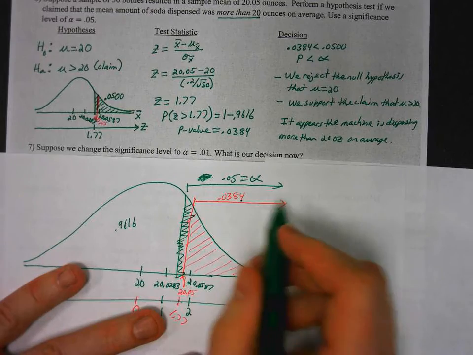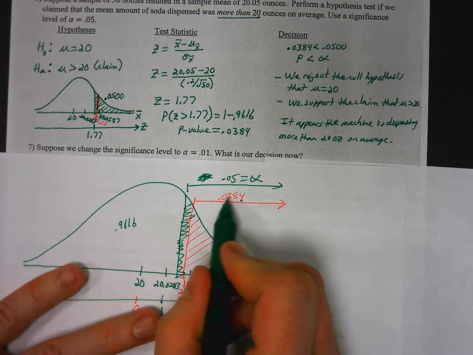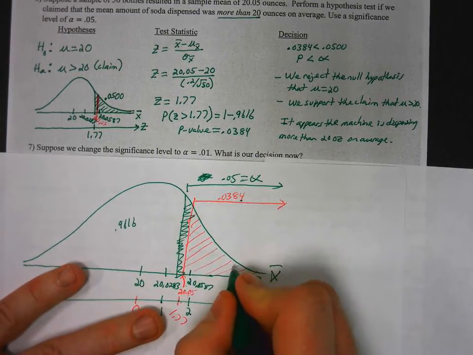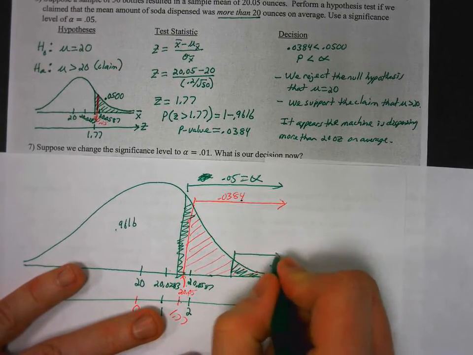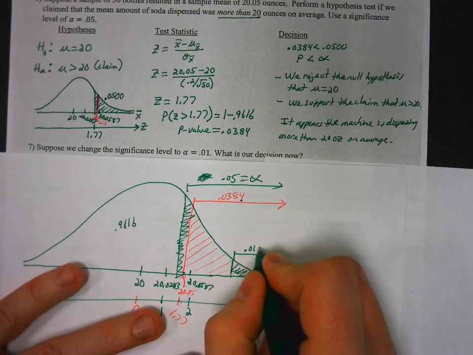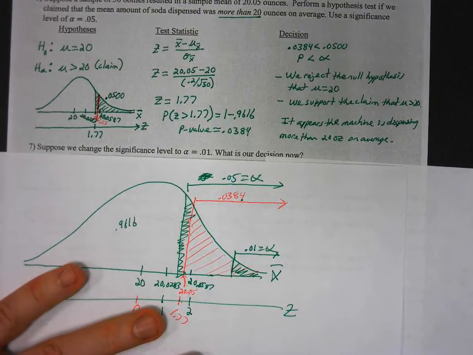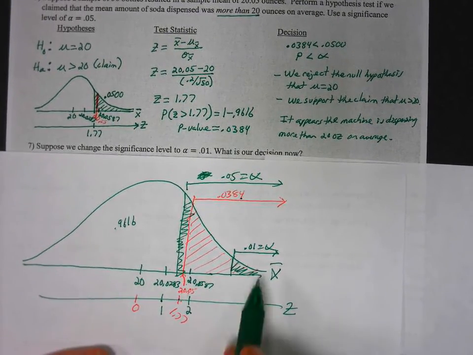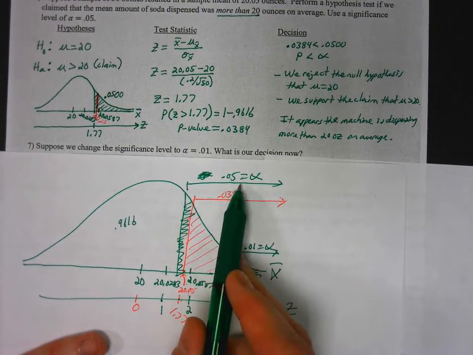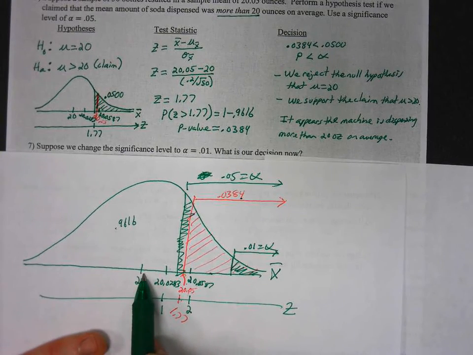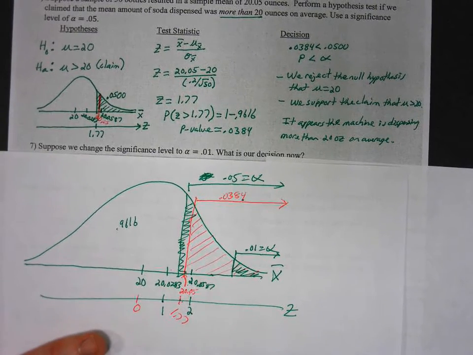So now 0.01 is going to be less than 0.0384, which means the area will be over here to the right for an alpha value of 0.01. If we only wanted a 1% chance of saying that 20 was a faulty assumption for the population mean when 20 really is the population mean, then 0.0384 is close enough to 20 to not reject that original idea.